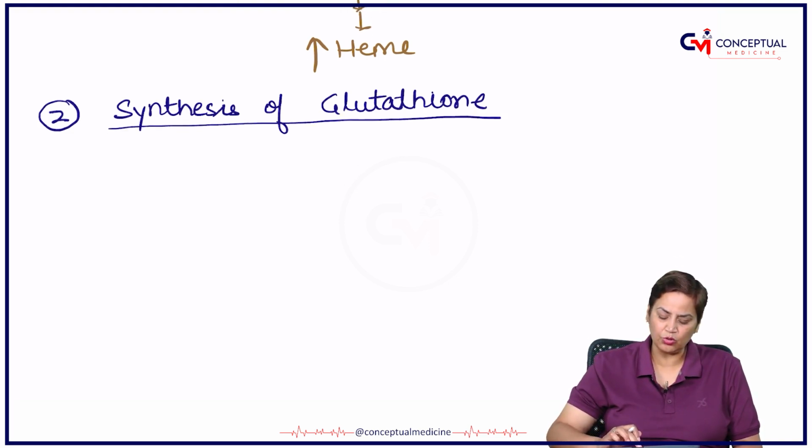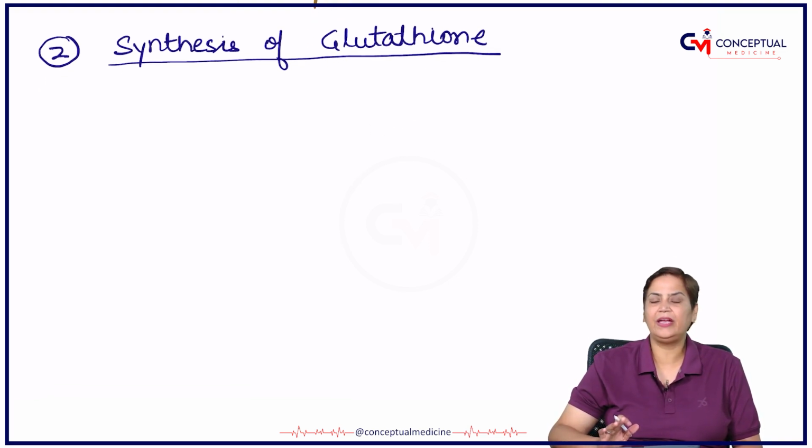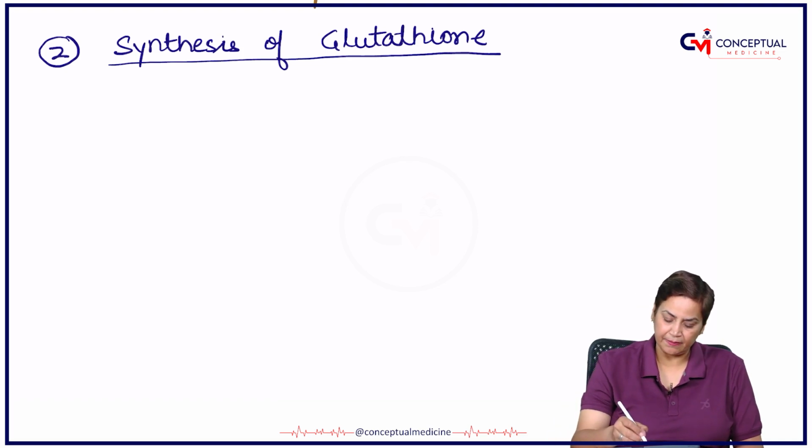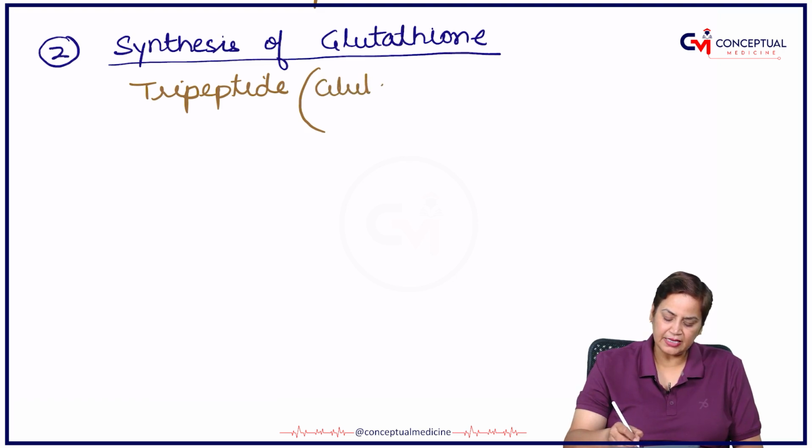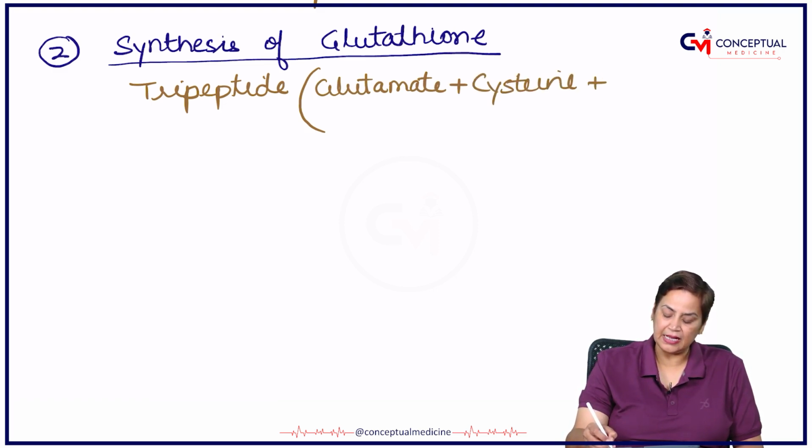Now, if we talk about glutathione, we all know it is a tripeptide. Glutathione is a tripeptide which is formed of 3 amino acids, glutamic acid or glutamate plus cysteine plus glycine.